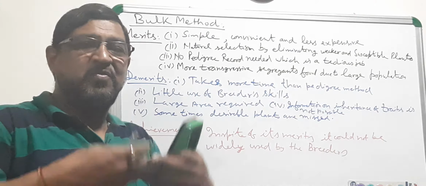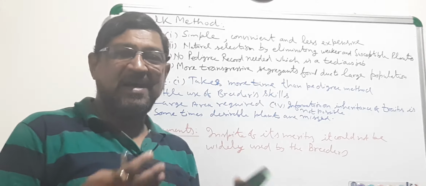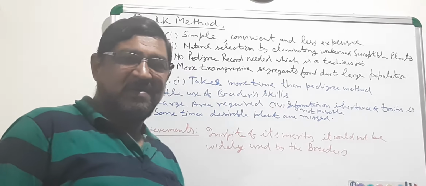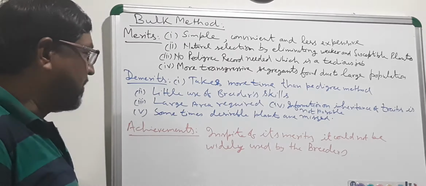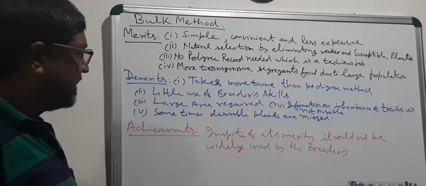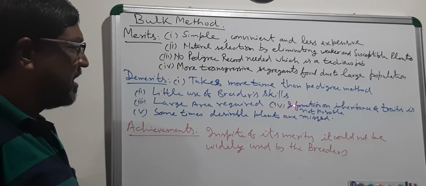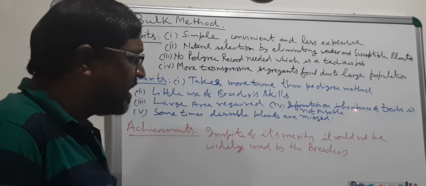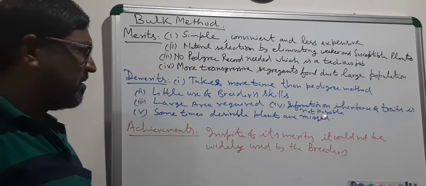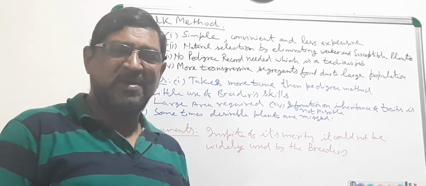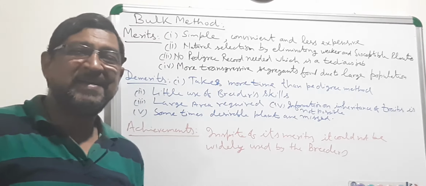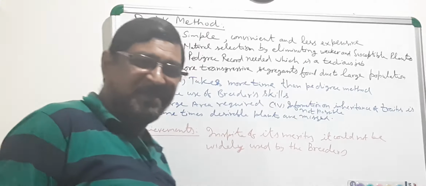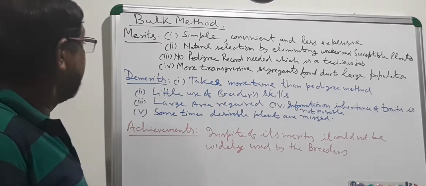Of course, if you are going to grow a large population, a large area is required, and accordingly more laborers are required. So this is a demerit. Information on inheritance of traits is not possible. Of course, if you do not have the pedigree record, you are not going to get the inheritance pattern of a particular trait through this method.